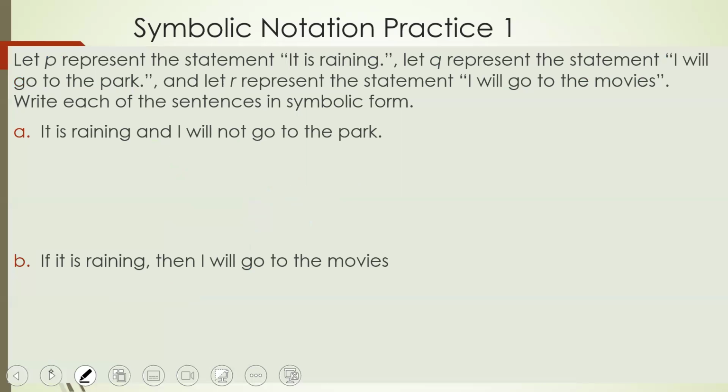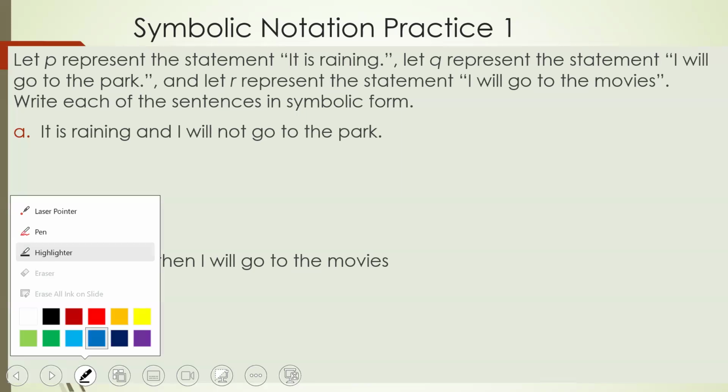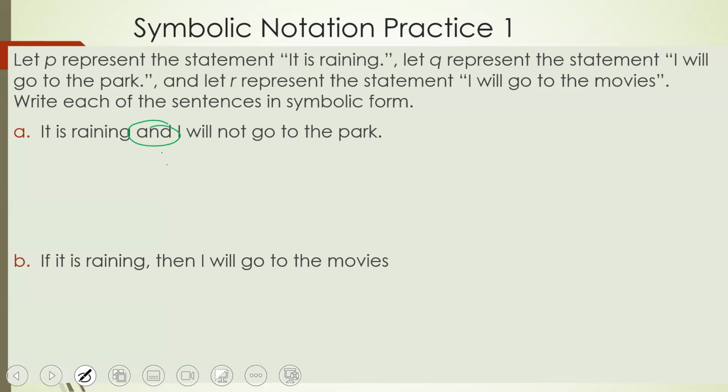All right, continuing on using the same statements up above. This next one says, it is raining and I will not go to the park. So when I look at this, I see that word and. I know that means we're talking about a conjunction, which means we're going to use that upside down V. So our statement's going to have the upside down V in the middle. The first part of the statement says it is raining.